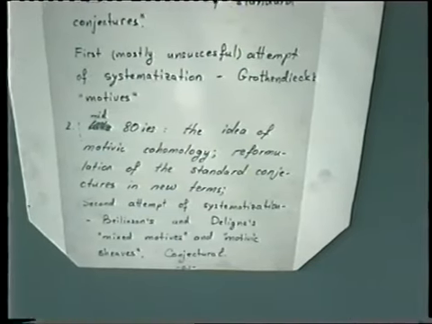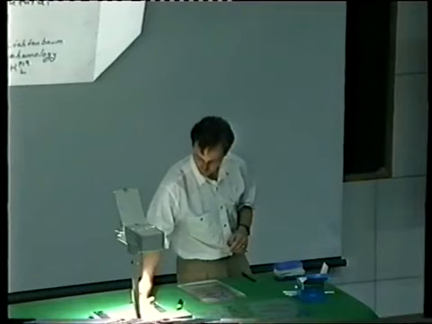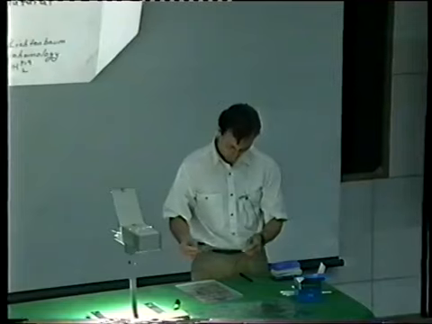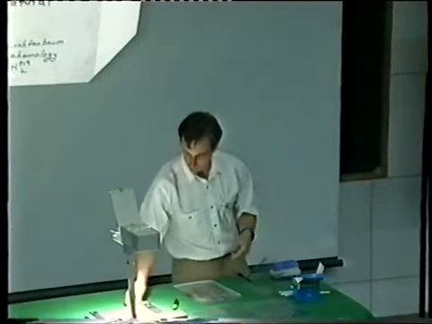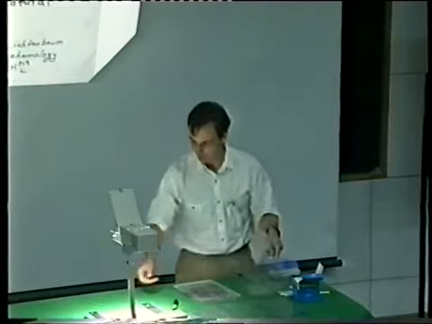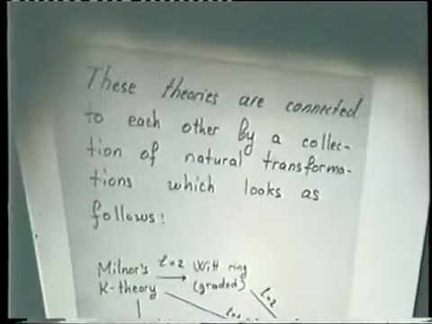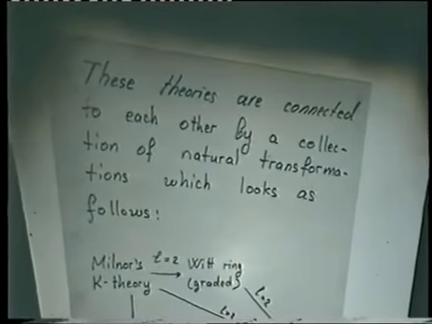So I'm not really going to talk about this attempt of systematization. I consider this outside of what I'm going to talk about. So with the introduction of this idea of motivic cohomology, the landscape of the series, so we had this picture, and now the landscape has changed.